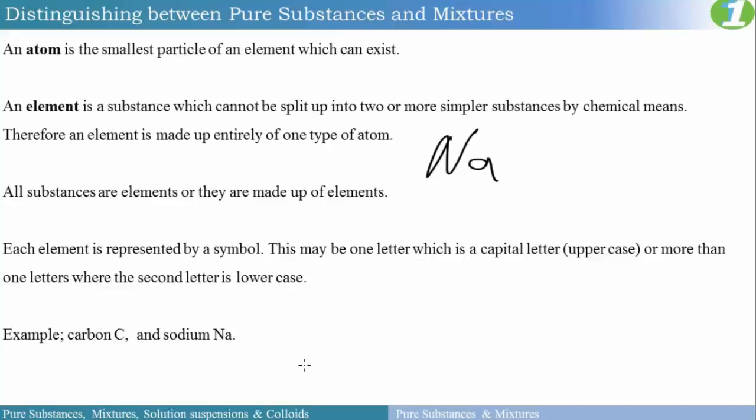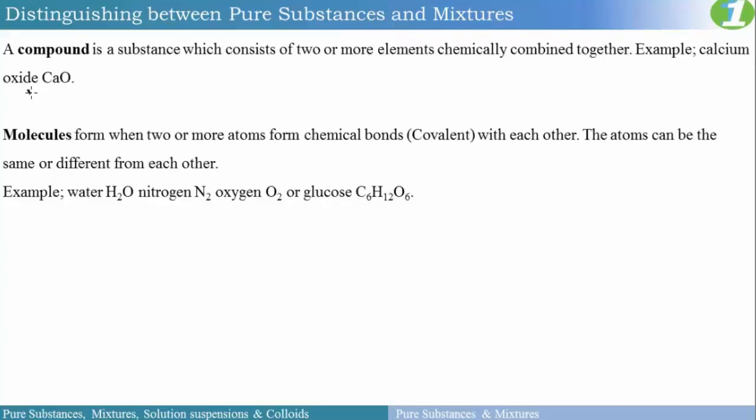So, an atom or atoms make up elements and elements make up compounds. So we can see here that a compound is a substance which consists of two or more elements chemically combined together. Example, calcium oxide. Calcium element is made up of calcium atoms, and the element oxygen is made up of oxygen atoms.